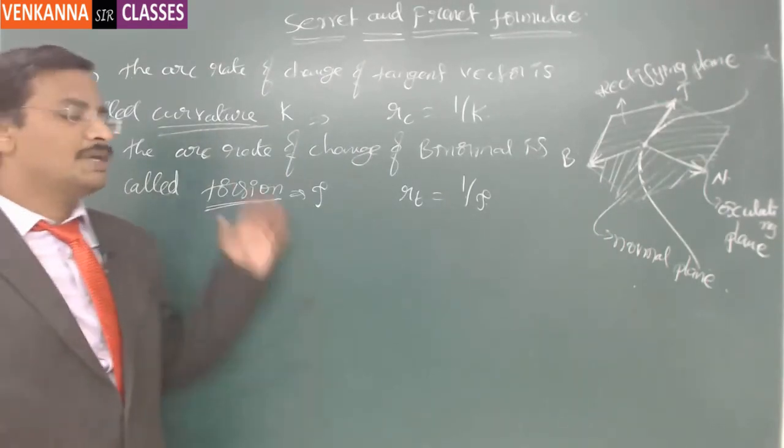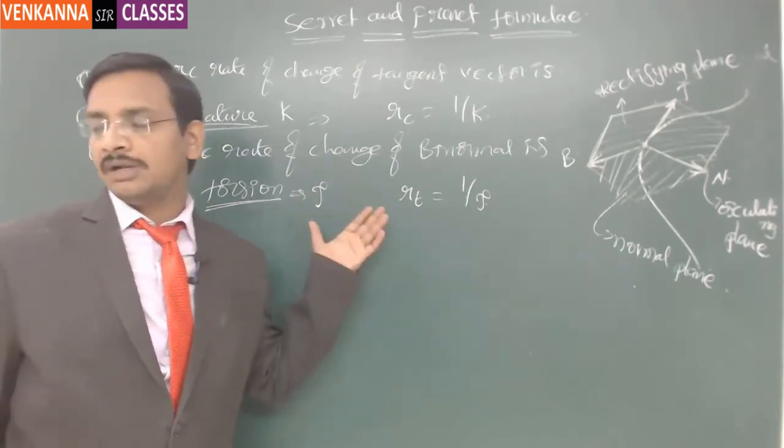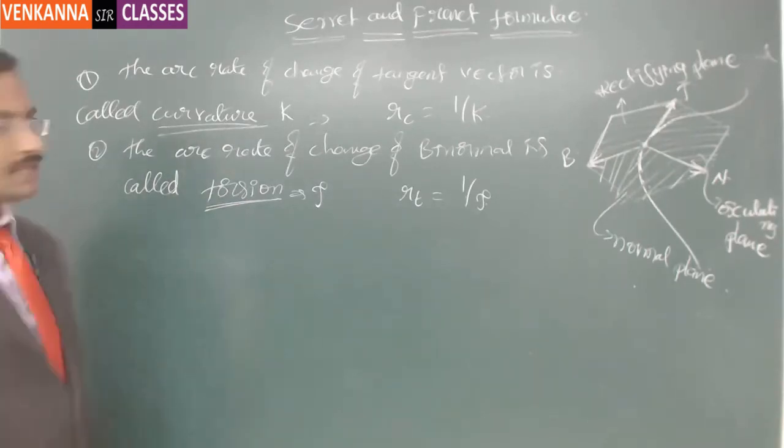Yeah. So now, based on this understanding, we calculate the radii. We will be calculating the Serret-Frenet formulae based on this understanding. Now let us see how it is going to be.